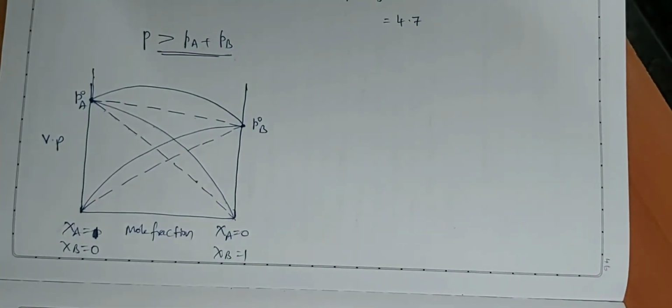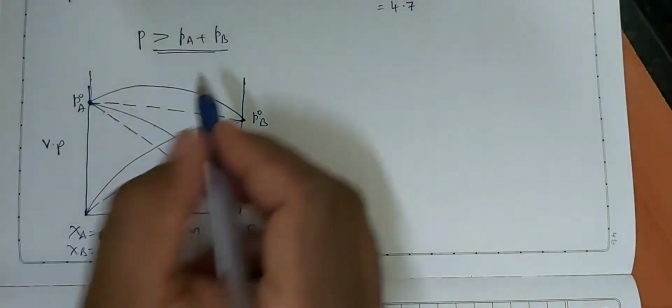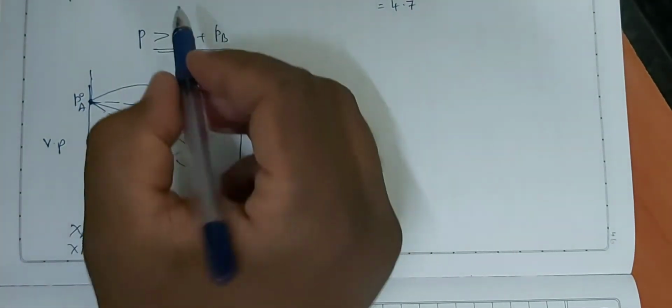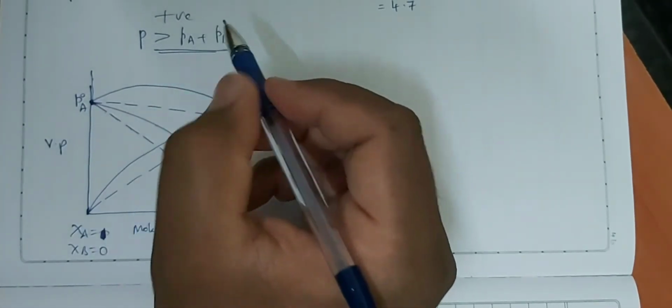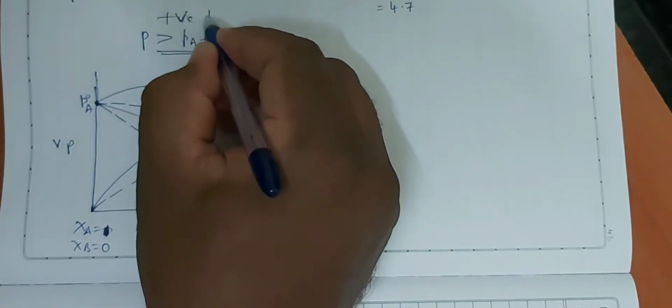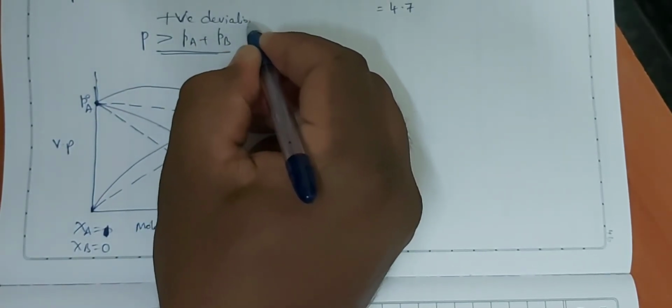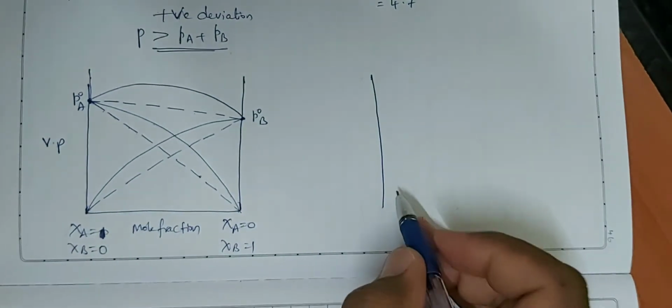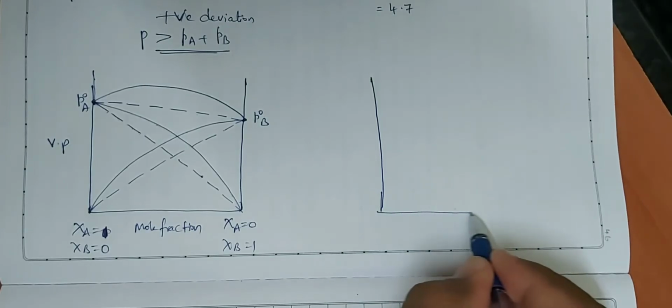So in this way, a graph for non-ideal solution which show positive deviation from Raoult's law. In the same way, we can draw a graph for negative deviation also.